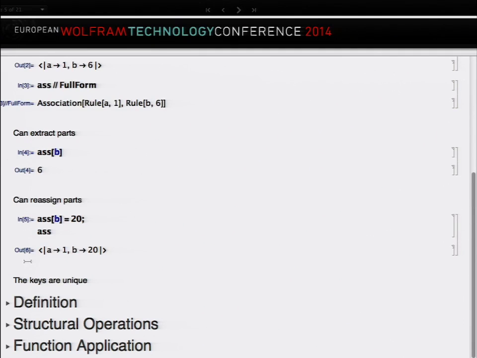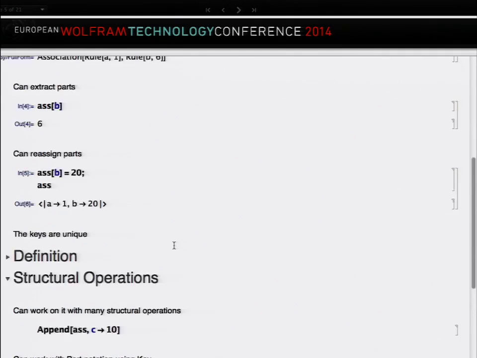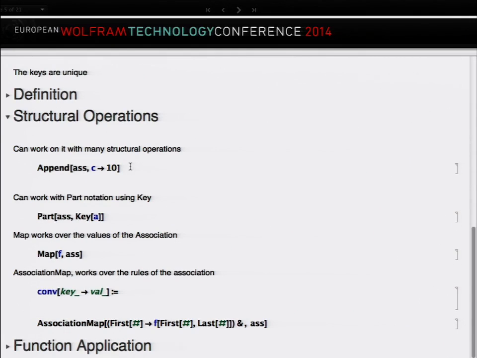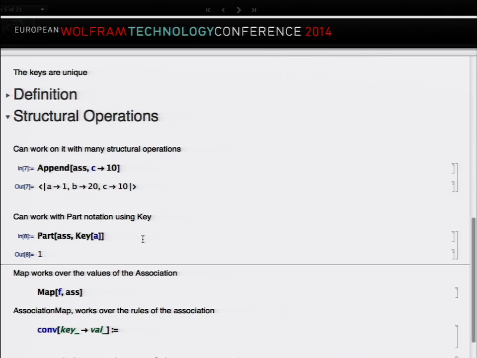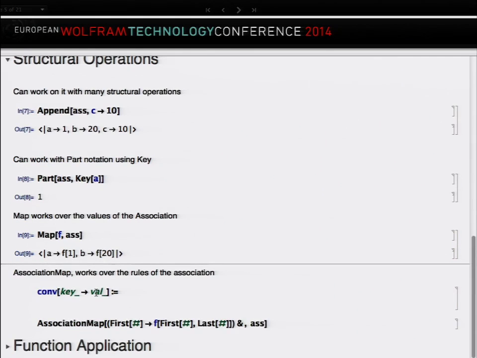So with this, we can do some structural operations. I can append to the association, so it sticks the thing at the end. I can pull out parts. So I have to use the key, this new keyword called Key, and I can map over the association.